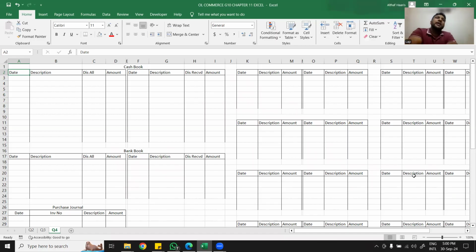Make sure to finish the format before you close the book, because next week I am not going to give you time to put down the format. Directly I'll be starting the question. So finish the format: cash book, bank book, purchase journal, sales journal, nine ledger accounts. That's it. Bye bye. We'll meet again next week.